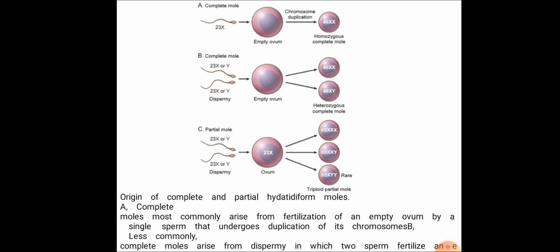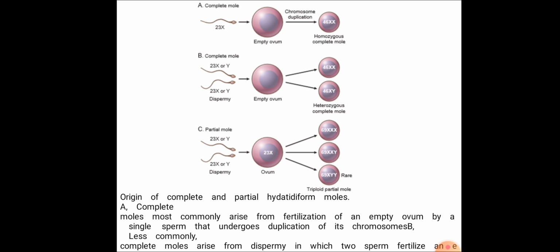Then in B we can see less commonly dispermy, that is 2 sperms which are 23X or Y fertilizing an empty ovum, and that will give rise to a heterozygous complete mole, that is 46XX and 46XY. And less commonly we'll see partial mole.